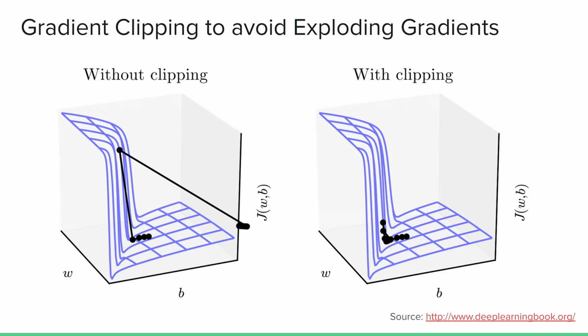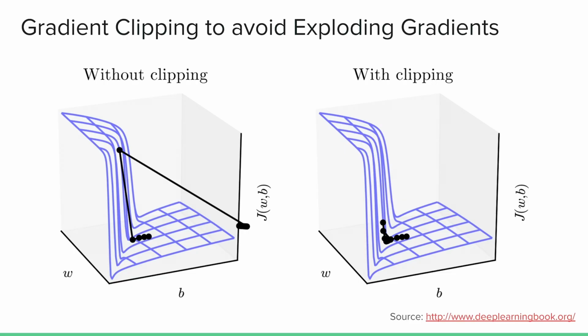It's correct that it points us in this direction, but the problem is that this very large gradient might lead to taking a large step in that direction, and it can throw us completely off our cliff surface. All of a sudden we get a really large gradient, and then we jump to a location that we did not want to jump to.